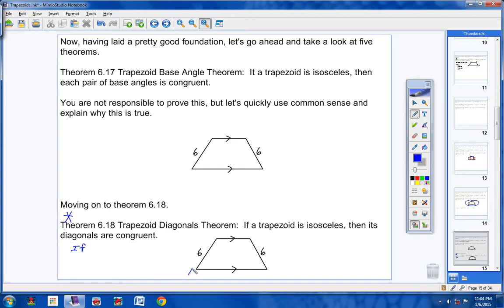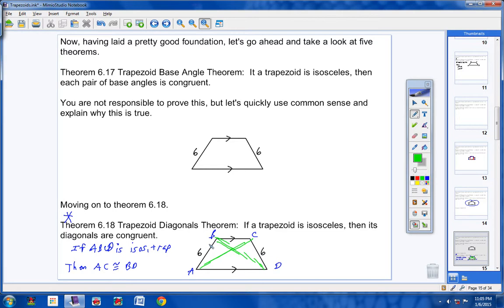If ABCD is an isosceles trapezoid, then AC is congruent to BD. Here's AC. Here's BD. Okay?